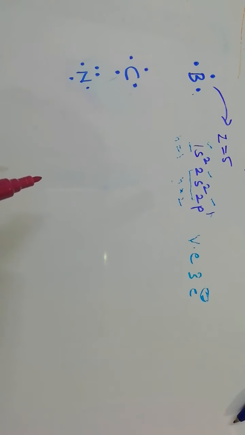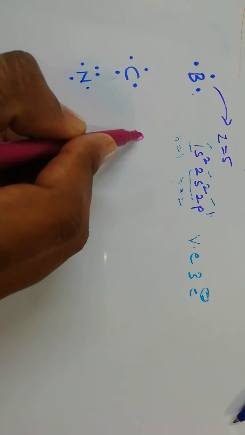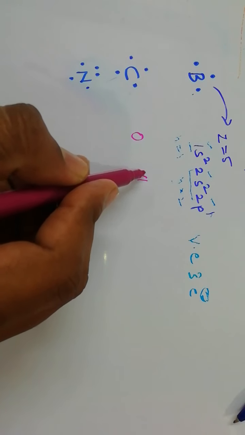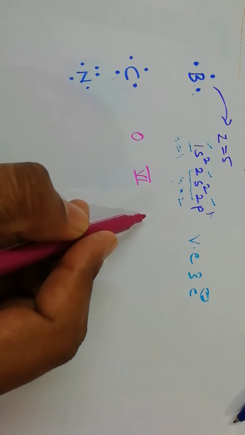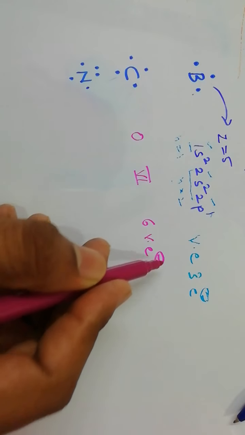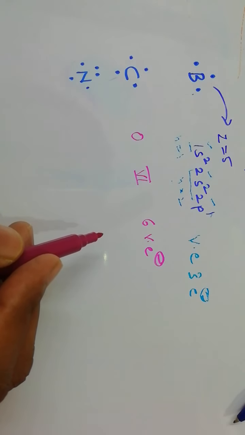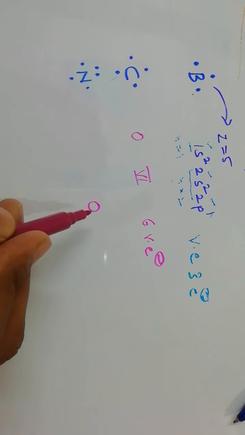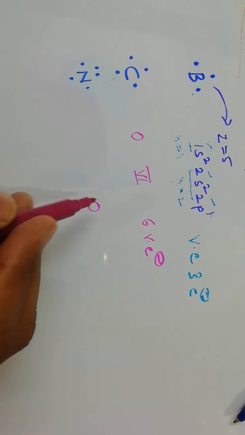Similarly, we will write the Lewis dot structure for the oxygen element. Oxygen belongs to which group? It belongs to the 6th group, so you will have how many valence electrons? 6 valency electrons. How would you represent the Lewis dot structure? Write the oxygen atom and write these valence electrons around the oxygen.